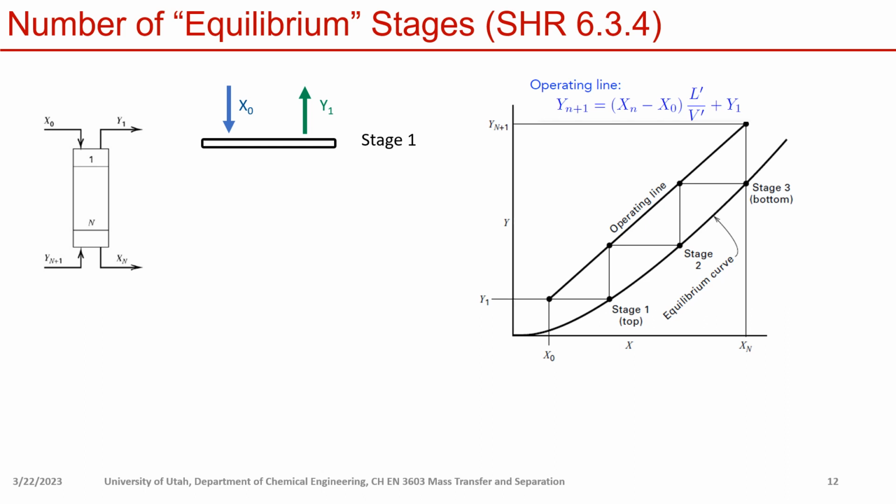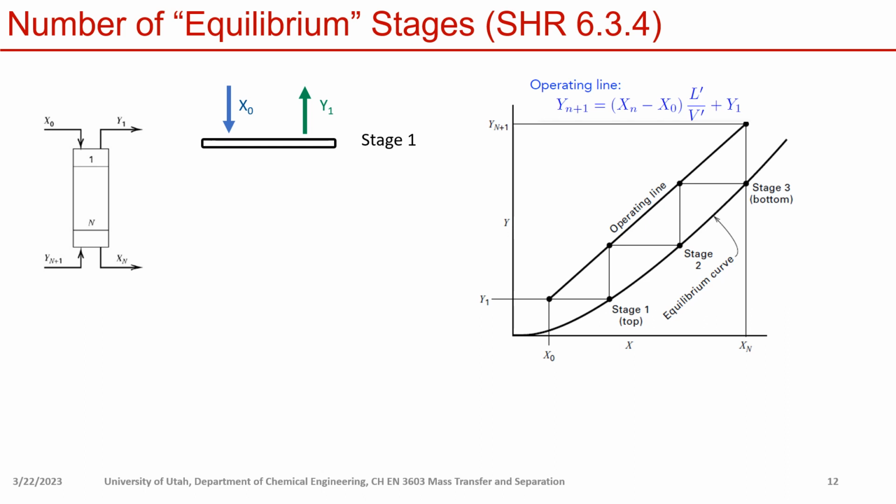Then we know what's the minimum liquid absorbent flow rate to achieve the desired separation outcome y1. But in reality, we don't operate at the minimum flow rate. We operate at a higher flow rate, right? Then the question becomes, how many equilibrium stages do we need to achieve the desired separation outcome? So we're going to answer that question in this slide.